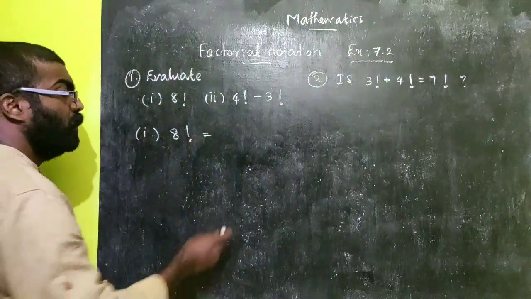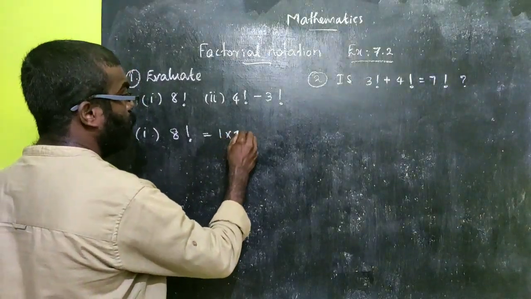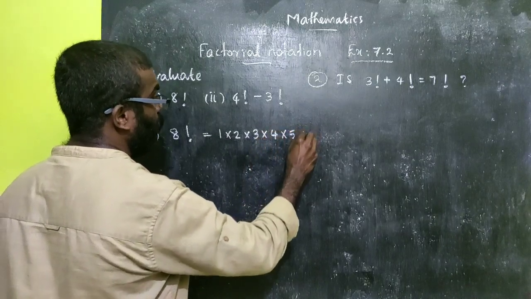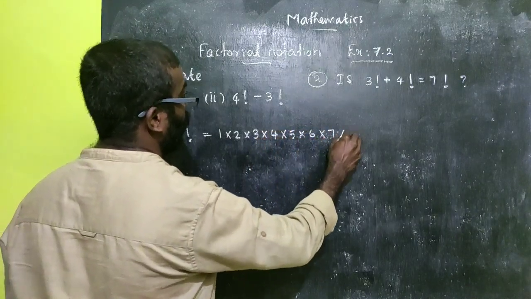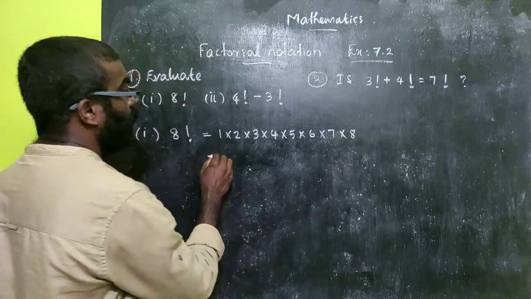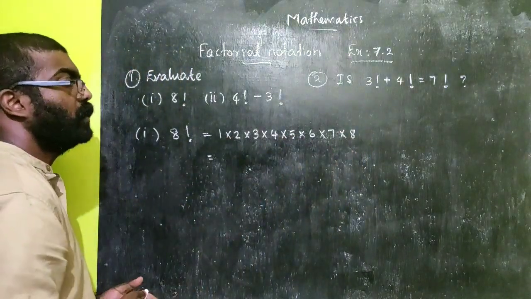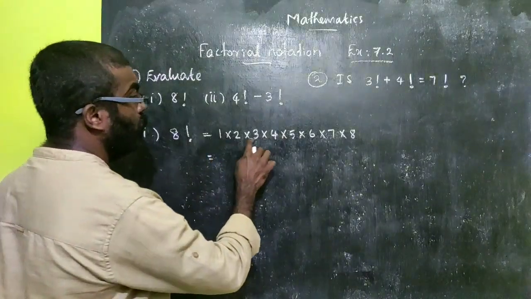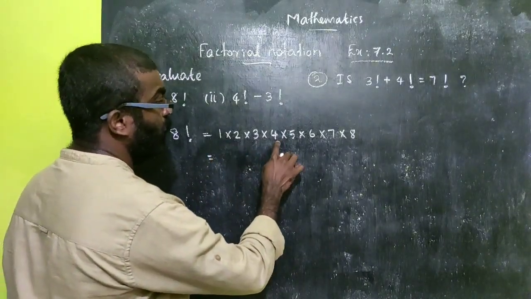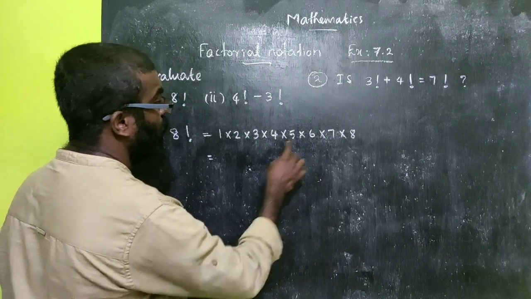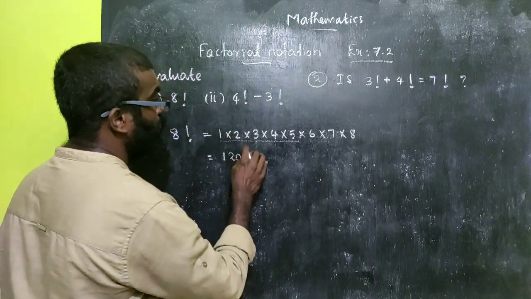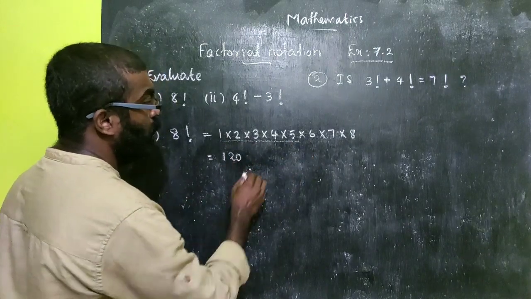Here 8 factorial, so we can write 1 into 2 into 3 into 4 into 5 into 6 into 7 into 8. And we can multiply all these numbers in order to get the answer. So here 1 into 2 is 2, 2 into 3 is 6, 6 into 4, 24, 24 into 5 is 120.